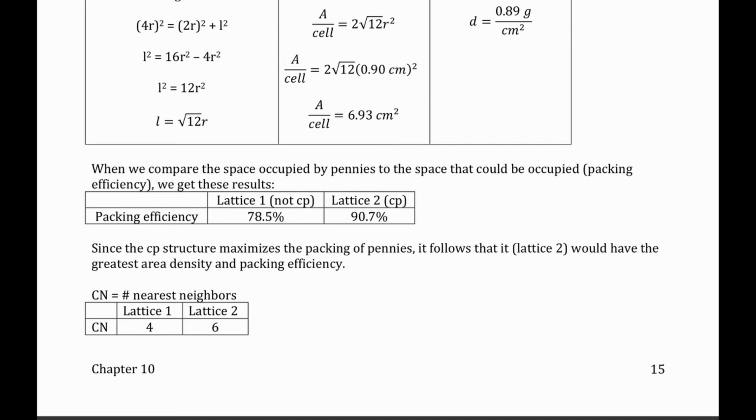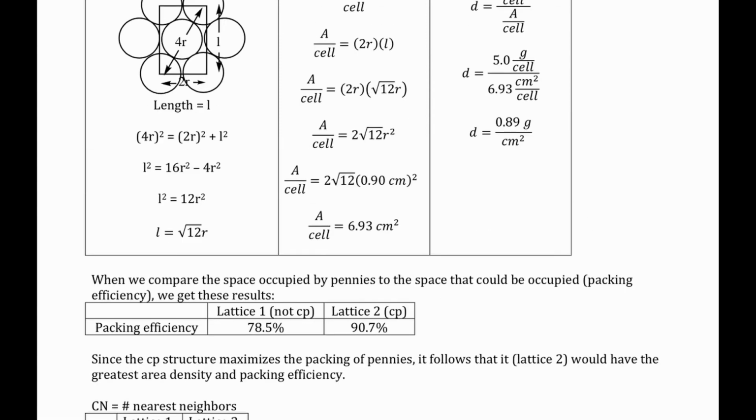Since the closest packing structure maximizes the packing of pennies, lattice 2 would have the greatest area density, 0.89 grams per centimeter squared, and the greatest packing efficiency, 90.7%. Also the coordination number, the number of nearest neighbors.